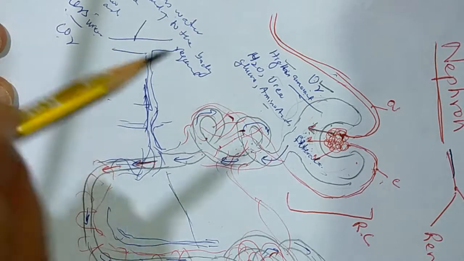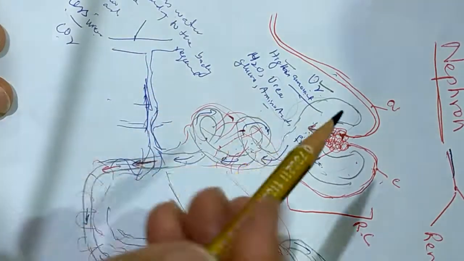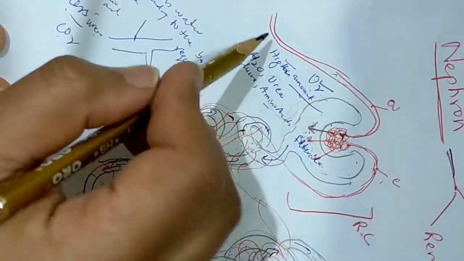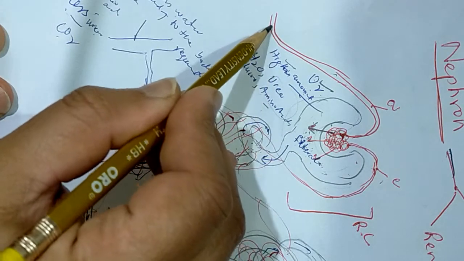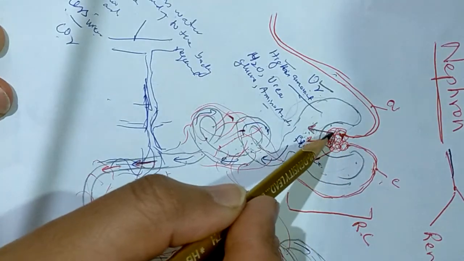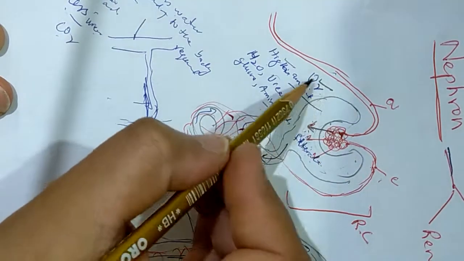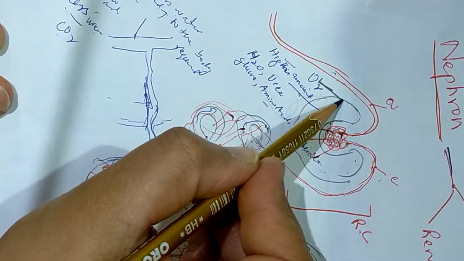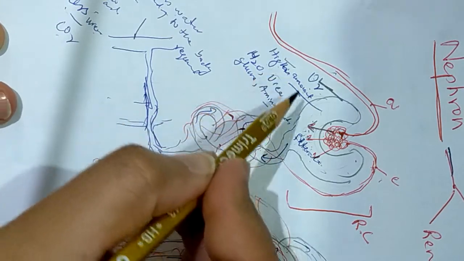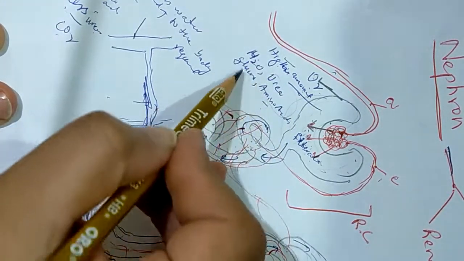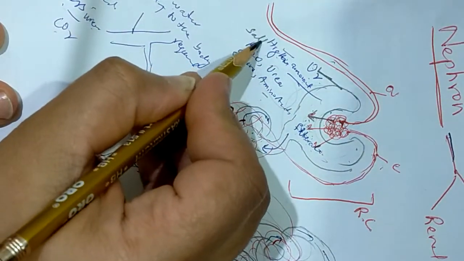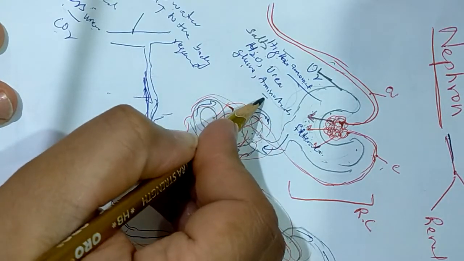There is a difference in some of the material. The renal artery, which was dividing into arterioles, and the arteriole was coming here into this glomerulus region, was rich in oxygen, having a high amount of water, glucose, salts and nitrogenous waste material.